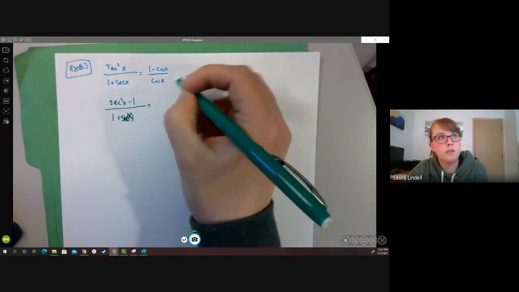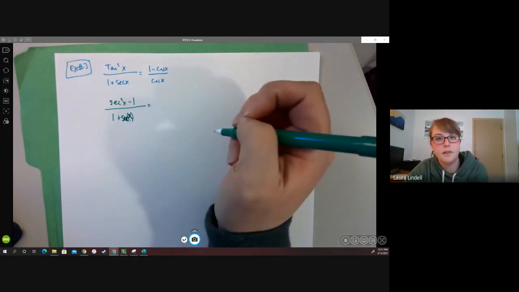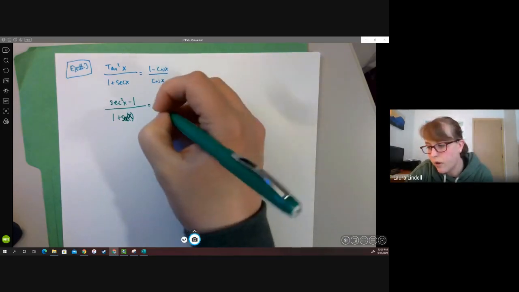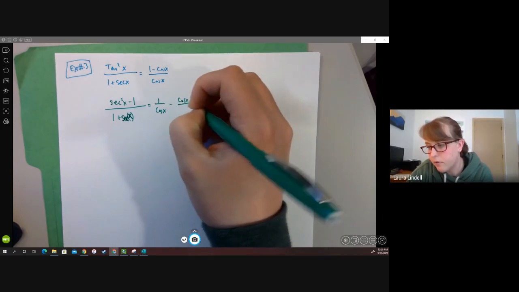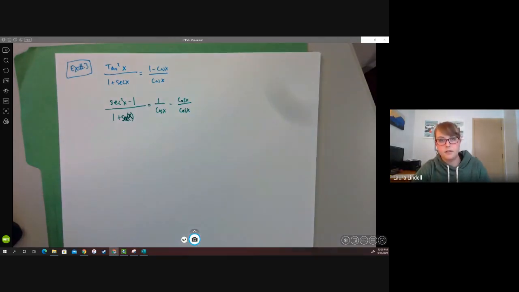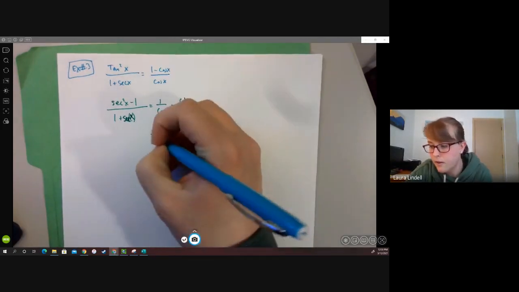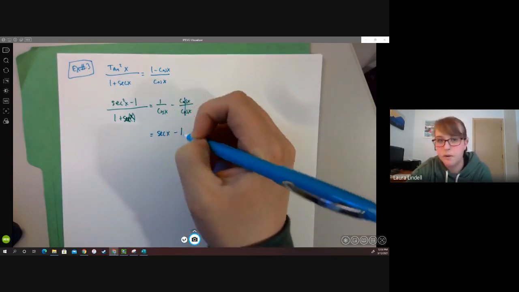And then I'm also going to work on the other side. So you can work on both sides simultaneously, simplifying them. On this one, I'm going to go 1 over cosine minus cosine over cosine. So this becomes a 1, and 1 over cosine is secant. So we have secant minus 1.